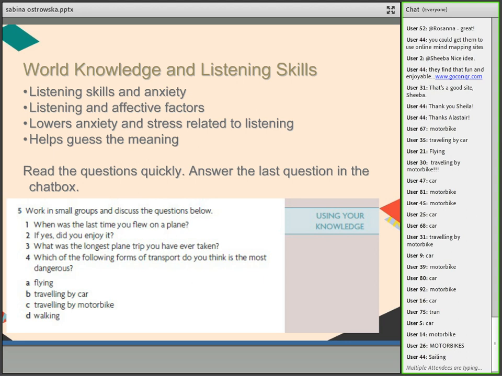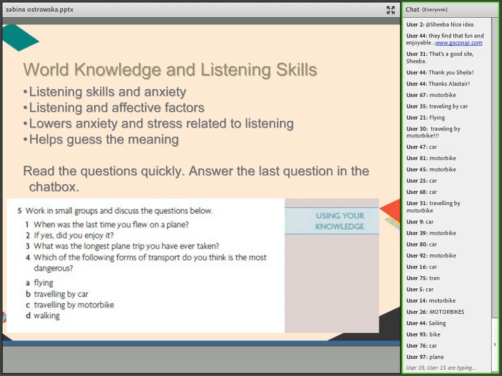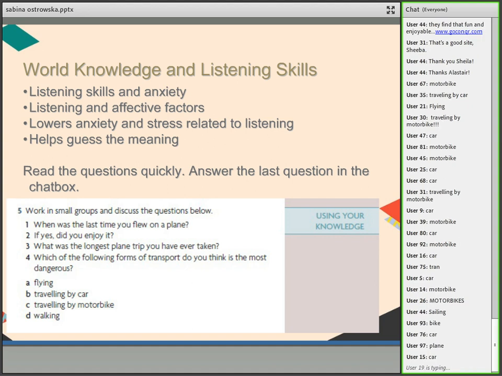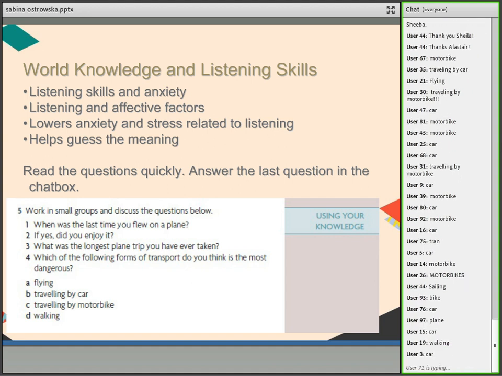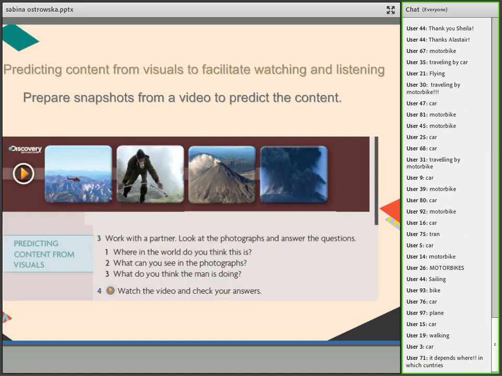So this now gives students a reason to listen to the radio program, because on the radio program the presenter provides an answer to this, and so the most dangerous, of course, is the motorbike. So if we start with a little discussion like this, the students are already ready to listen to the program.